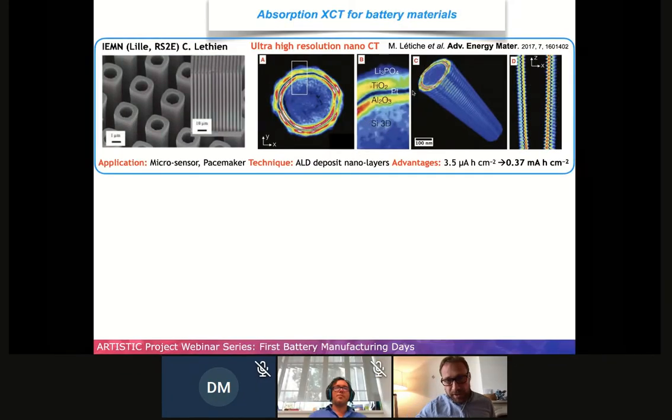The challenge was to see different layers around these pillars and see the configuration and the thickness of this layer. And clearly we can see in 3D here that the thickness and the homogeneity is relatively good for these samples. For that, we use an ultra high resolution nano-CT developed by Vincent, around 20 nanometers of resolution.